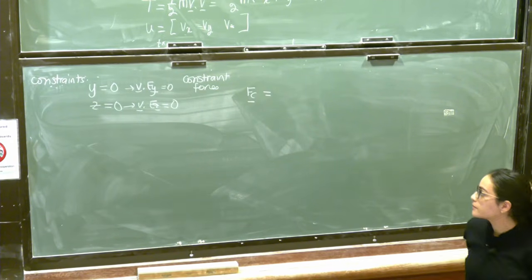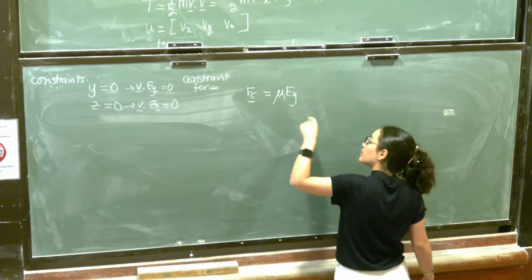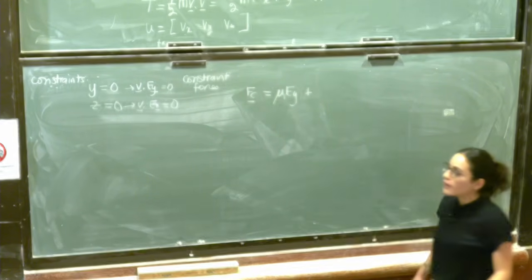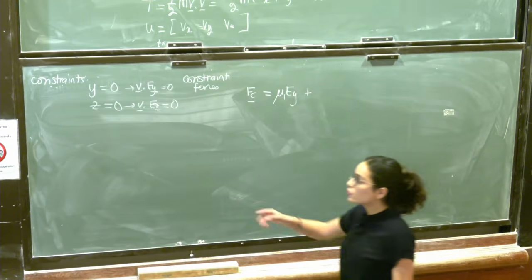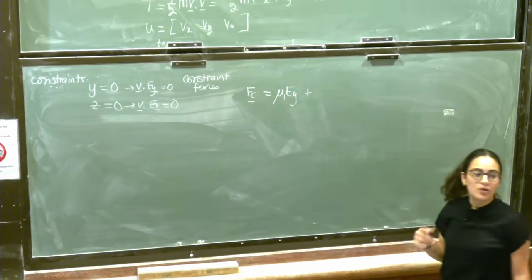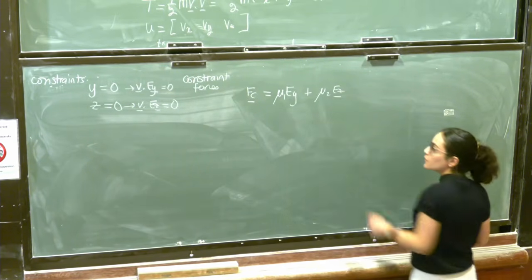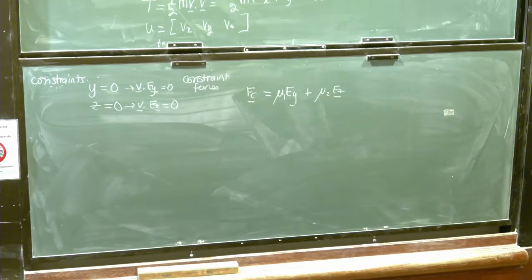Yes, mu ey, actually. Since I'm going to have 2, I'm going to call it mu1 ey. And what's the constraint force due to this constraint? mu2 ez. You can think of this practically as two normal forces, one from below and one from the sides, so that the simple harmonic oscillator is constrained to move in rectilinear motion along the straight path.